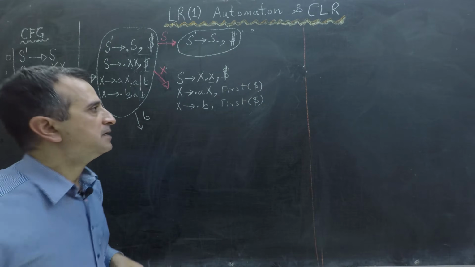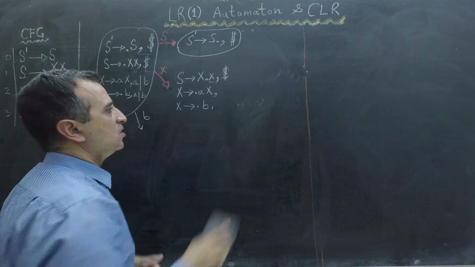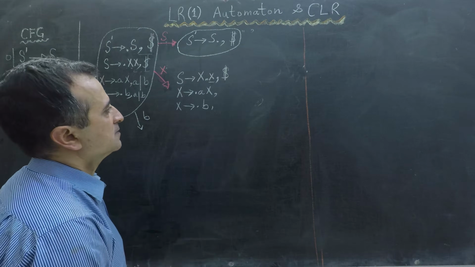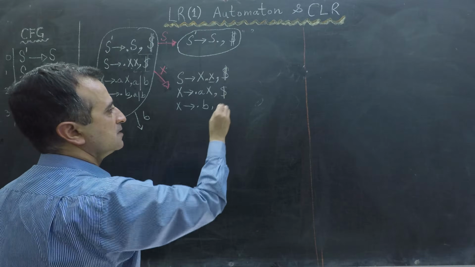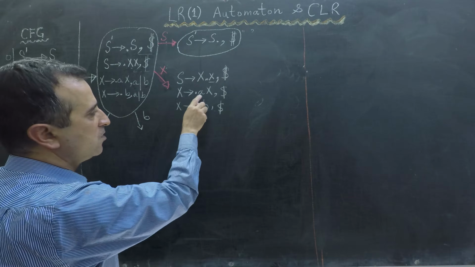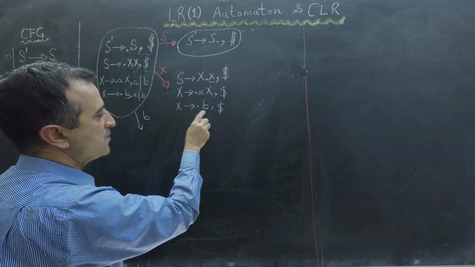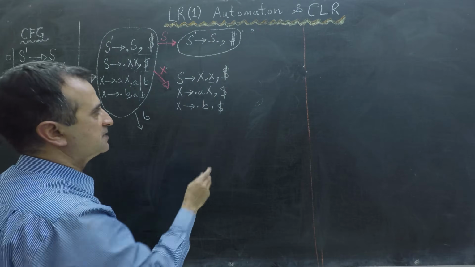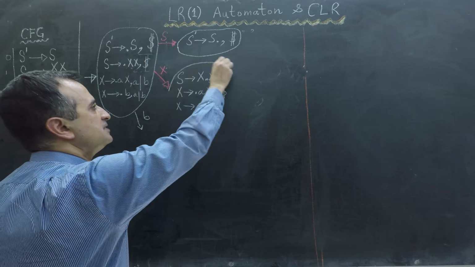So basically I have to add here $sign as my look ahead. And now because after my dot there are terminals, I will not add any more projections here, and I'm done with this state.